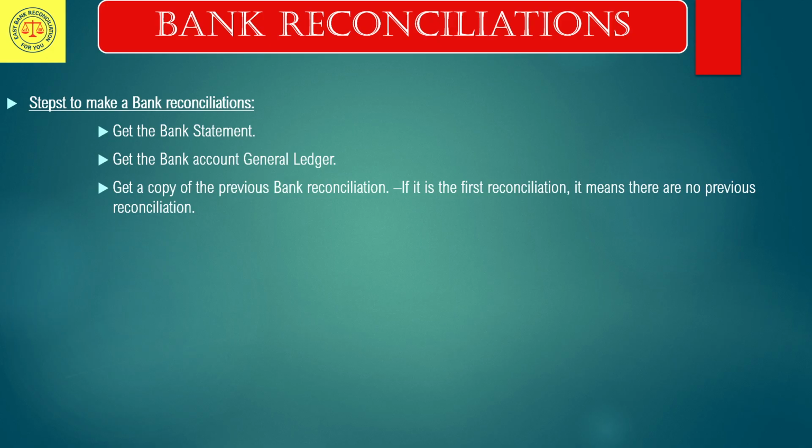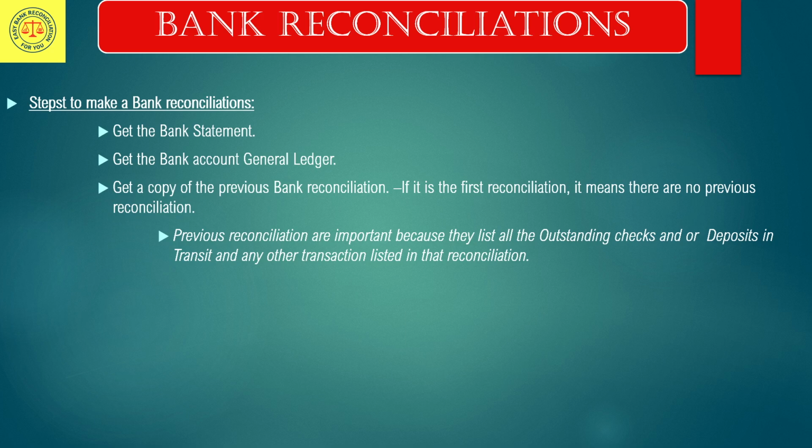But why is it important to have the previous reconciliation? Here is the answer. Previous reconciliations are important because they list all the outstanding checks, deposits in transit, and any other transactions listed in that reconciliation. That is very important.